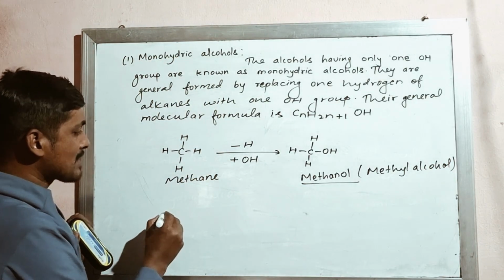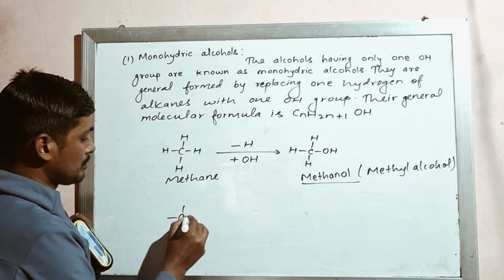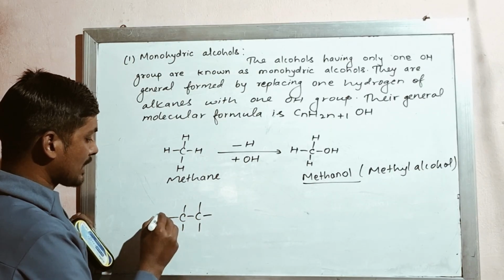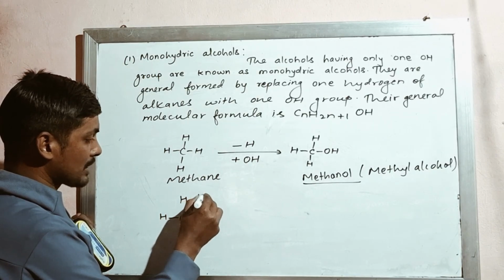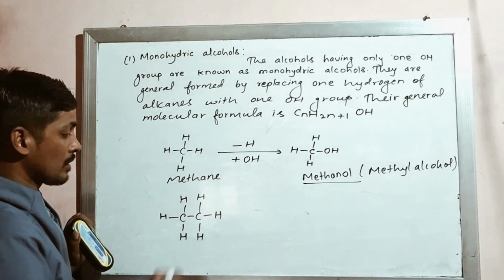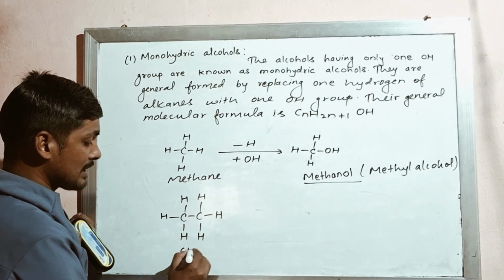The next one is another alkane having two carbon atoms. Here the name of this alkane is ethane.